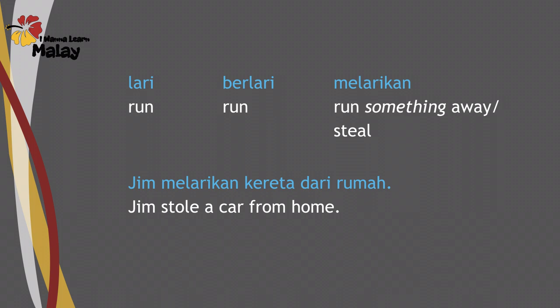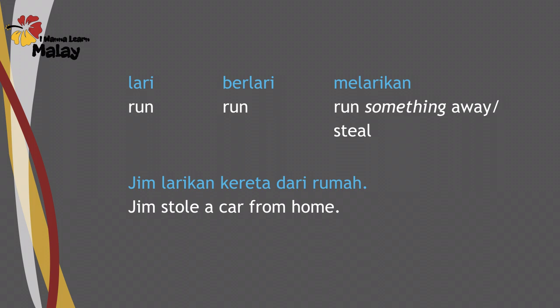And some of you may ask, is there such a thing as berlari kan? The answer is no. But you can simplify things by just omitting the prefix. Jim larikan kereta dari rumah. So the meaning of the sentence still retains.